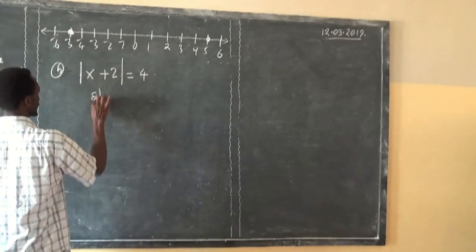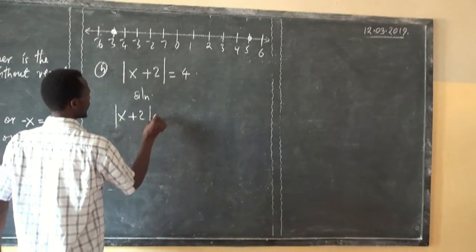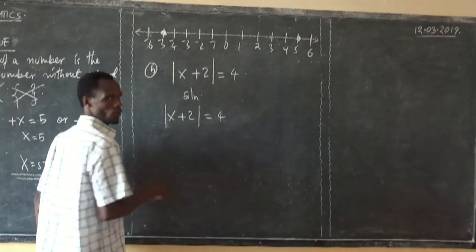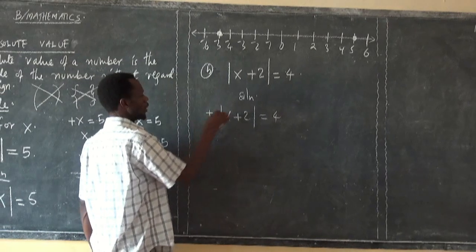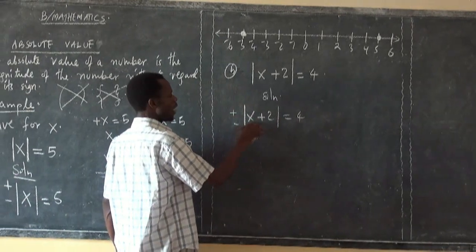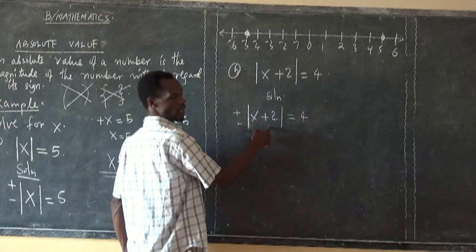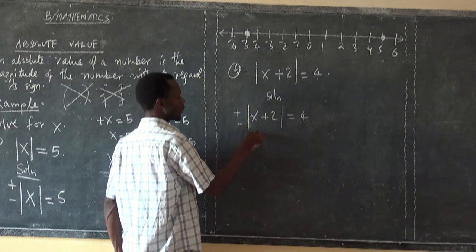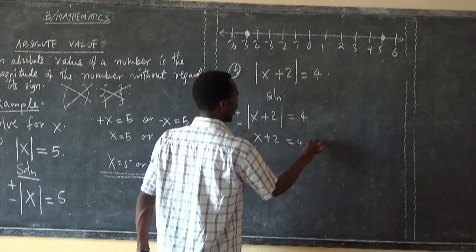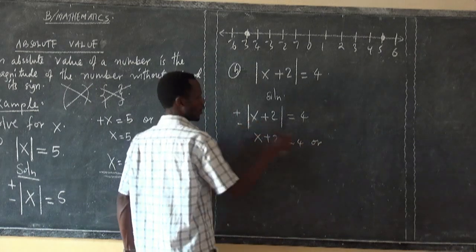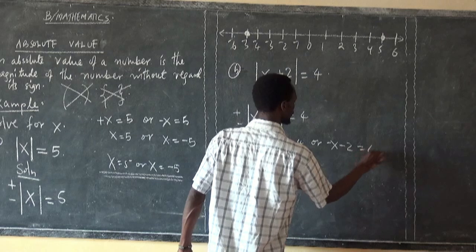Now, solution. You only take that x plus 2, then that one is equal to 4. Now here plus or minus. This will be multiplied to every term which is found in the bracket. This is the absolute bracket. Now we say this times this one, we have x plus 2 is equal to 4, or negative, we have -x, -2 is equal to 4.